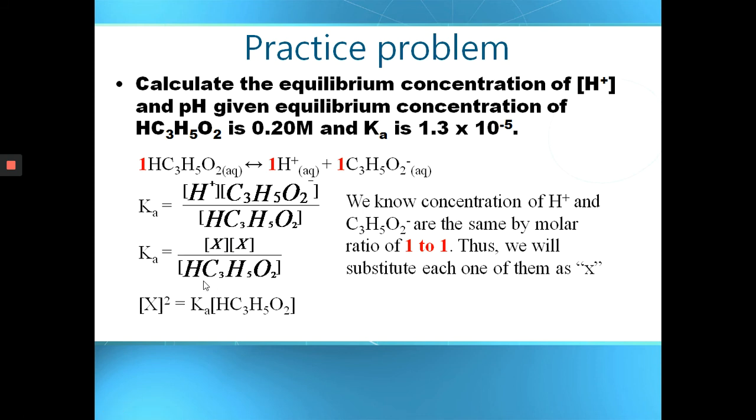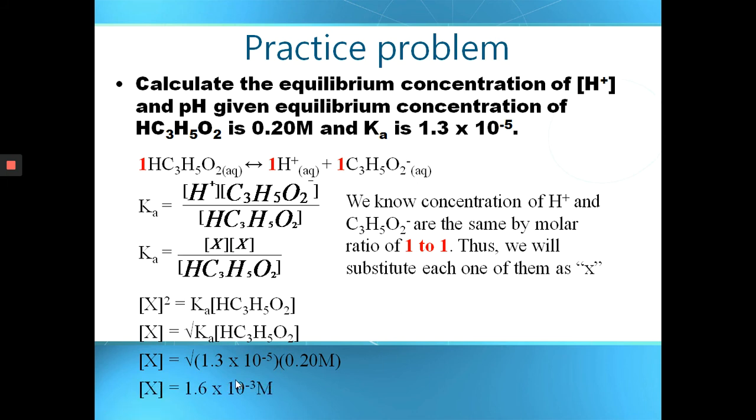Now to solve for X, because we need to first find the concentration of hydrogen in order to calculate the pH level, I'm going to isolate X by itself. Once we have this equation set up, you can plug in your numbers, and using the calculator, you'll quickly find the concentration of X, which is the hydrogen, right, is going to be 1.6 times 10 to the negative third power molarity.